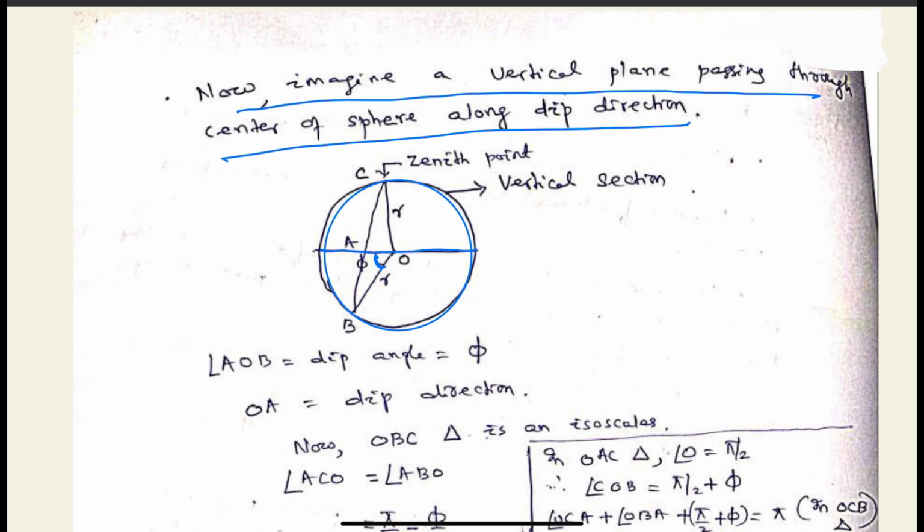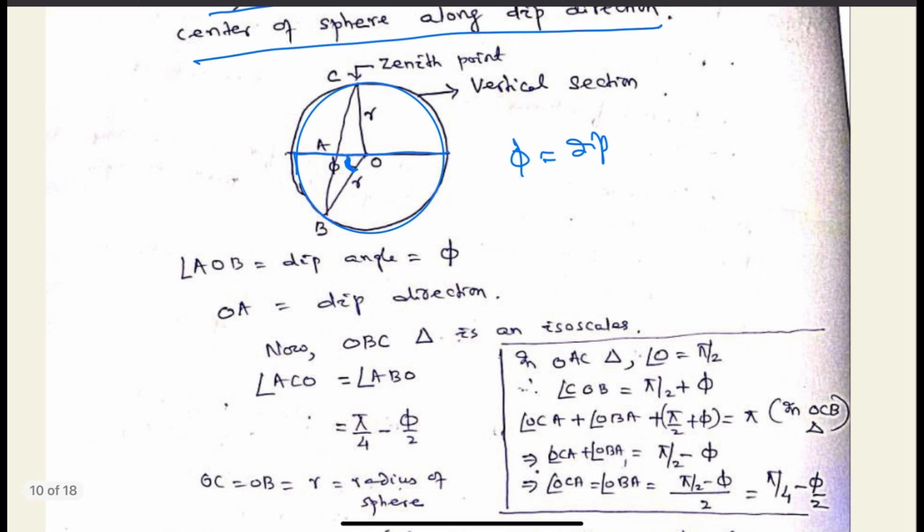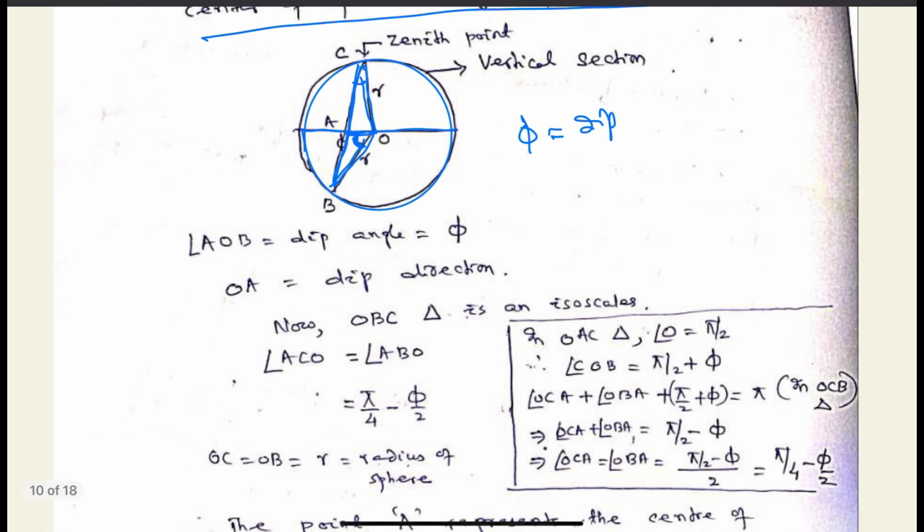If this is the horizontal line in the vertical plane, then this amount will be phi, the dip, because we have imagined the vertical circle along the dip direction. So this will be the dip amount phi. This is a part of the sphere, this vertical circle. So this is radius, this is radius, so this triangle becomes isosceles, and we can find this OA.